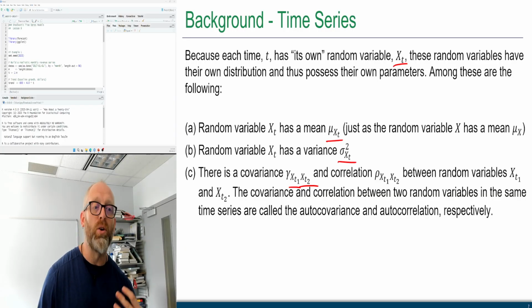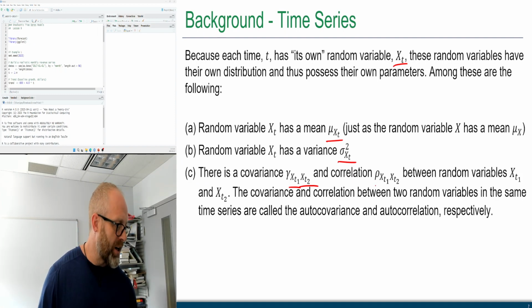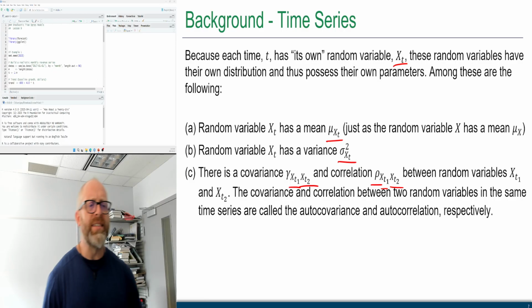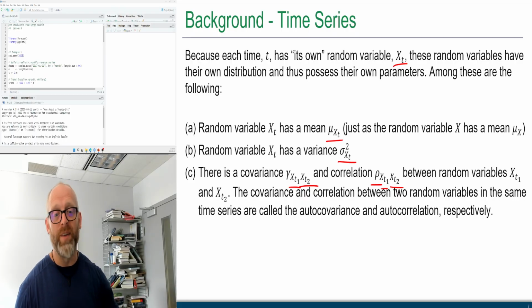We typically talk about correlation because this is then a measure between -1 and +1, testing the linearity or the strength of the relationship between the two. So this is our rho of x sub t1, x sub t2. The covariance and correlation between two random variables in the same time series is what's called autocovariance or autocorrelation. Because it's measuring the same thing just at different periods of time, it's autocorrelation or autocovariance.